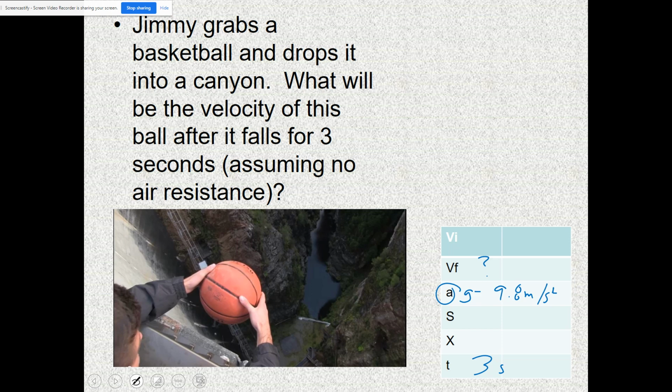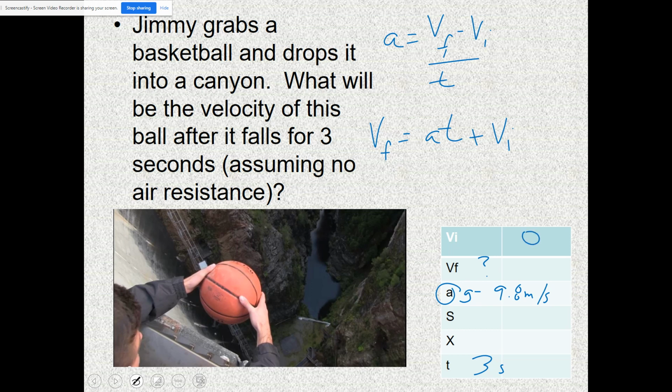So now we need some kind of a formula that has vf in it, and that is the acceleration formula, which is the final velocity minus the initial velocity over time. See that? We can then solve for final velocity. Final velocity is going to be at plus vi. Well, that basketball started from rest. Started at 0.